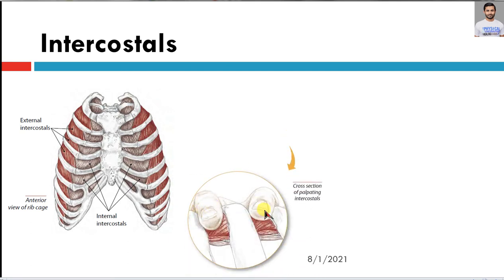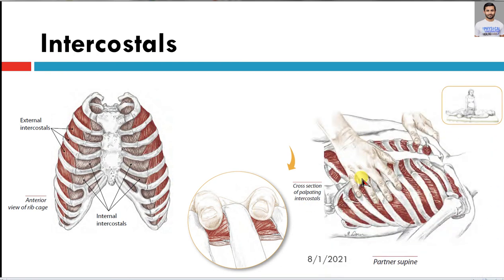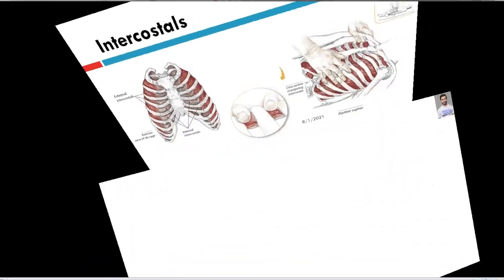Here you can see the fingers just like on piano keys. Just like piano keys, you can place your fingers onto the soft tissues and find the intercostal muscles, and these are the muscles that get activated when somebody is taking a breath.